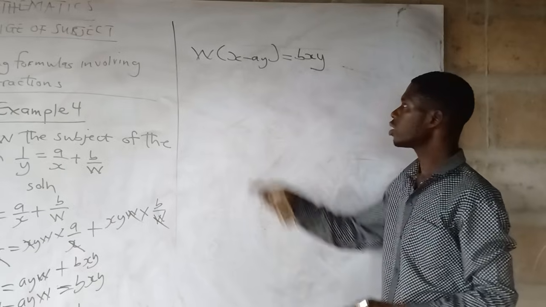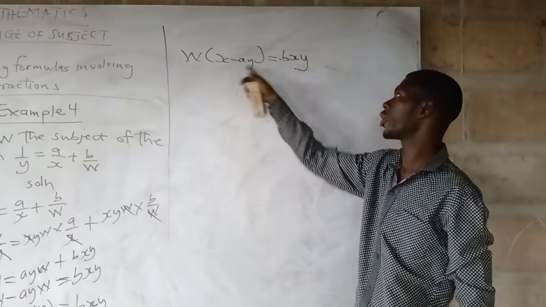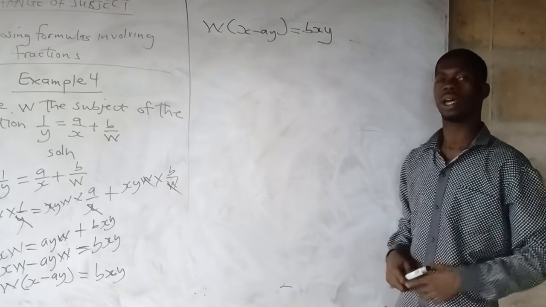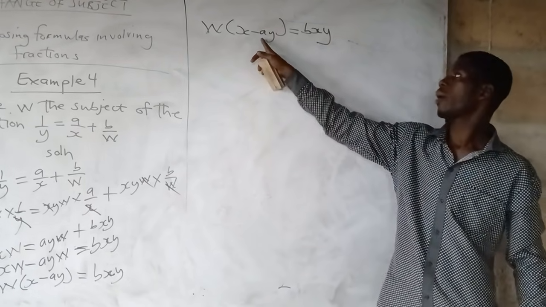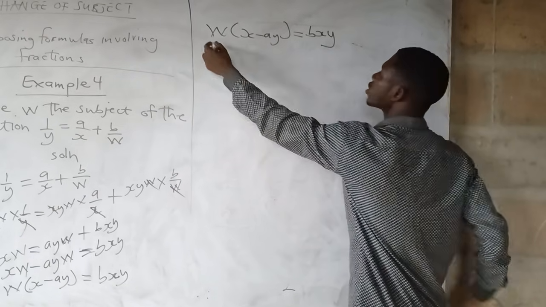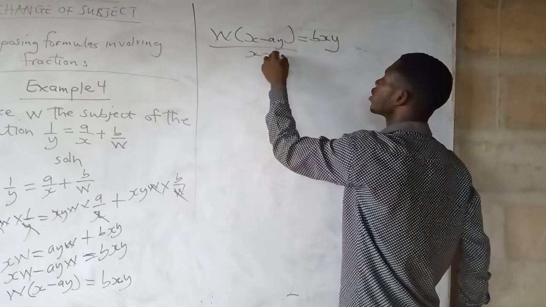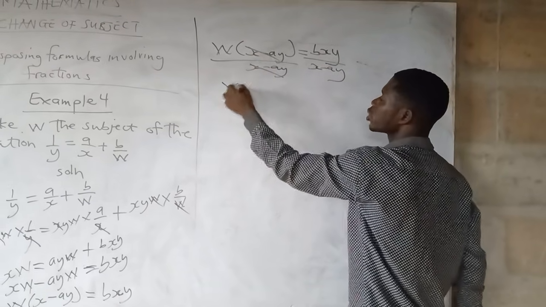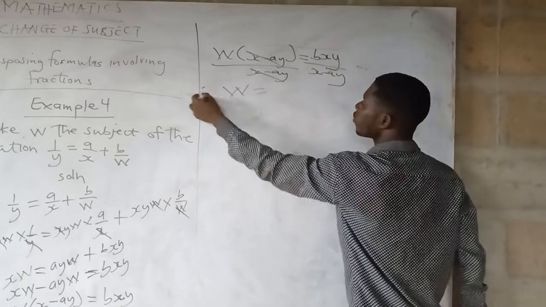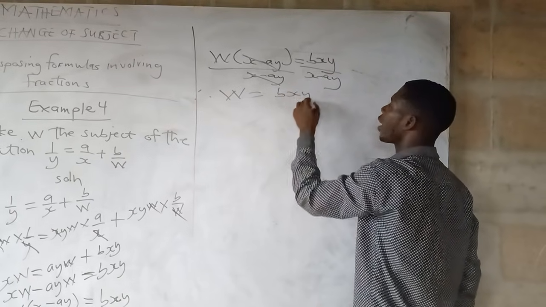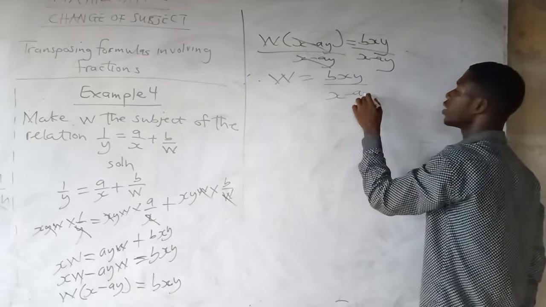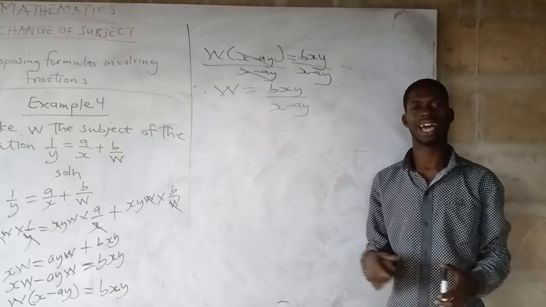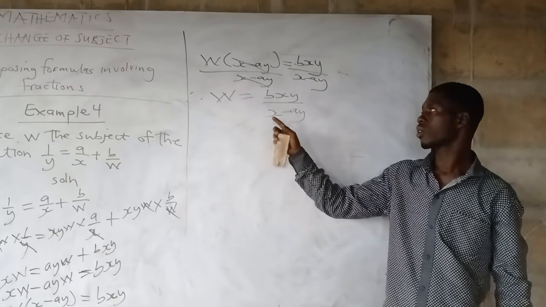So you are supposed to divide both sides of the equation by the coefficient of W, and the coefficient of W is X minus A Y. To cancel it, we get W is equal to B X Y over X minus A Y. So that is the final answer for this question.